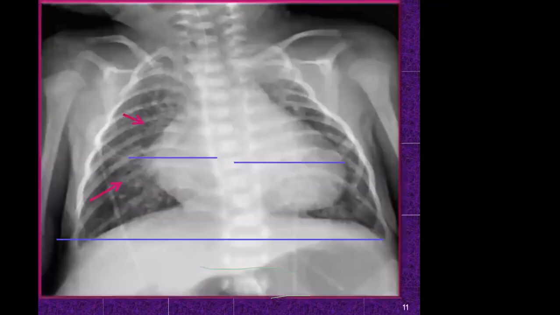So what do you think? What do you notice over here? We had a session also on the chest X-rays, right? I have also put up the markings to make it easier.